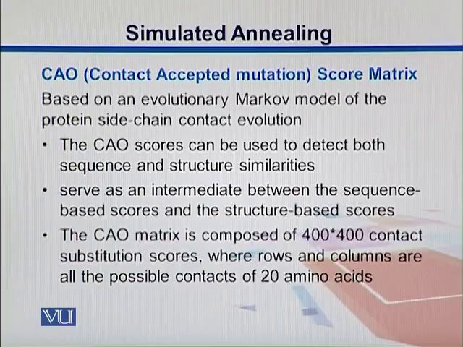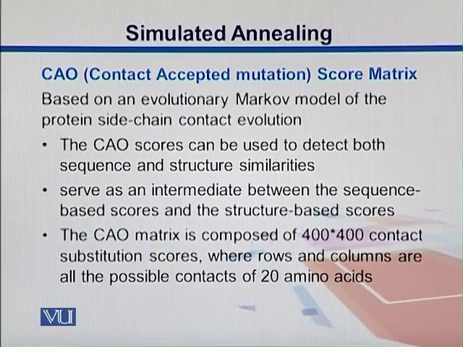And there is another thing in its scoring, which we call the CAO, contact accepted mutation scoring matrix. It's another matrix that takes into account the amino acid interactions. Amino acids interact with one another, and that information is embedded into this kind of matrix. So CAO scores can be used to detect both sequence as well as structure similarities. It serves as an intermediate between sequence-based scoring and structure-based scoring methods.